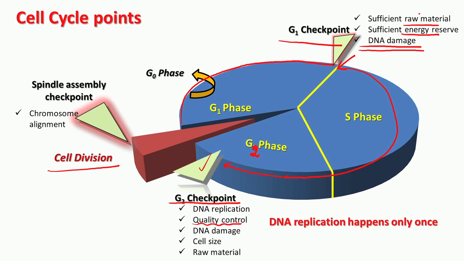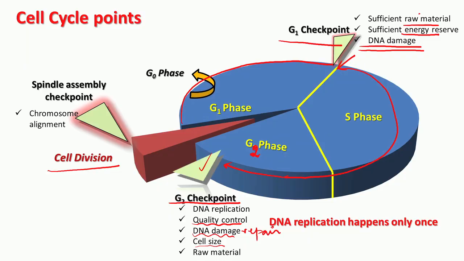If at all some damage has happened, then the DNA repair mechanism happens. The cell size is appropriate because now it has to not only divide the nucleus, it has to even divide the cytoplasm. It has to make sure the organelles are sufficient and there is sufficient space and volume available for the parent cell to divide. So, that is also taken care of in the G2 checkpoint, and of course, it makes sure that there is a sufficient amount of raw material available for the actual process of cell division.